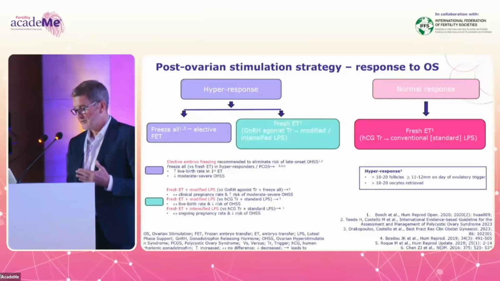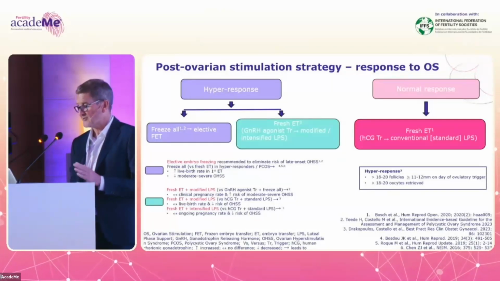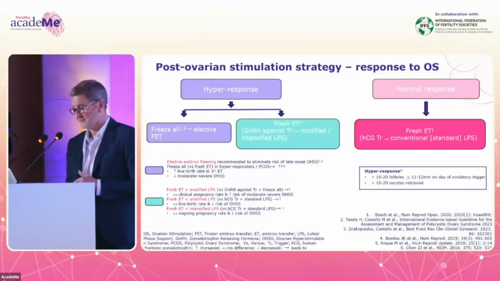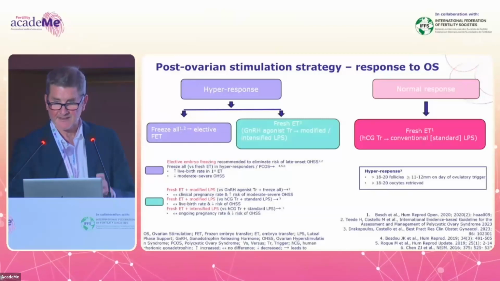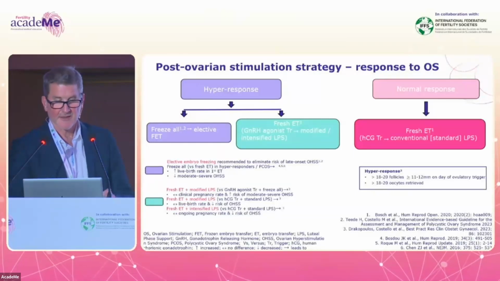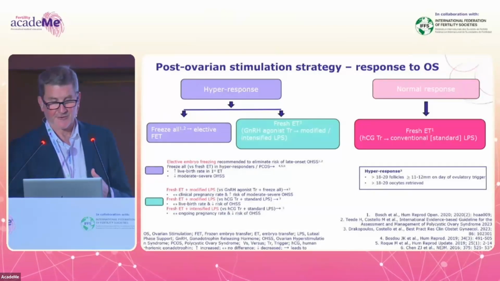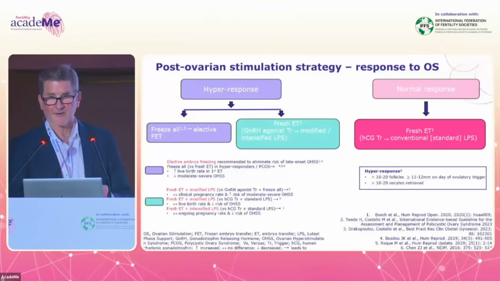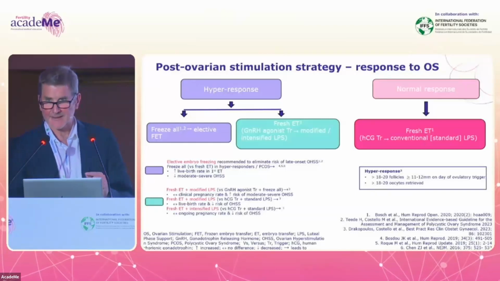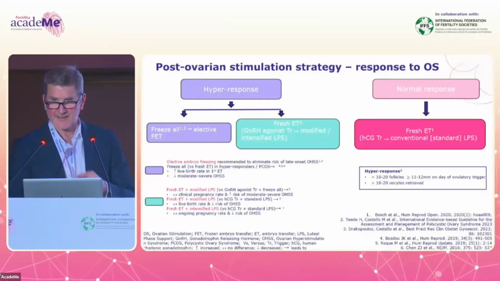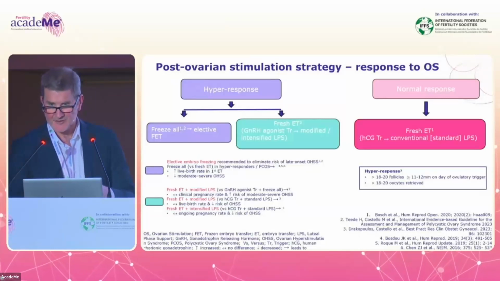And looking at the same with an intensified luteal phase support, fresh ET, versus the HCG trigger with standard luteal phase support, there is no evidence of a difference in ongoing pregnancy rate, but again, it reduces the risk of OHSS. So the agonist trigger, fresh embryo transfer, with modified or intensified luteal phase support is safer than the HCG trigger using standard conventional luteal phase support, but it's not as safe as doing an agonist trigger freeze-all.